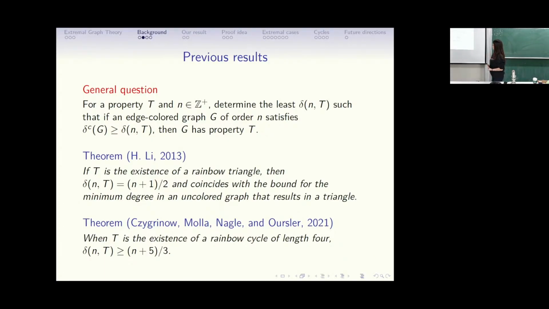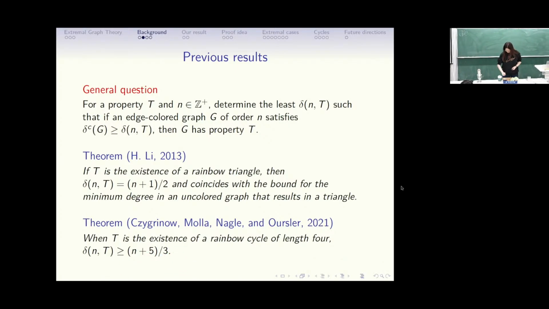So when T is the existence of a rainbow cycle C4, Czygrinow, Molla, Nagle, and Oursler proved in 2021 that the minimum color degree we need is roughly 1/3 of n. Recall that for general simple graphs, the Turan bound for the existence of a C4 is roughly that the degree is roughly square root of n. Here we indeed need linear.